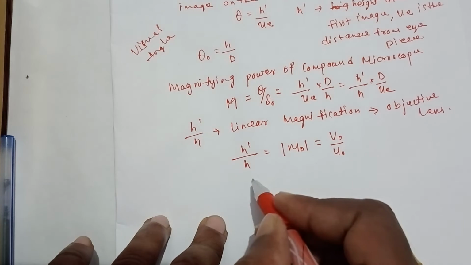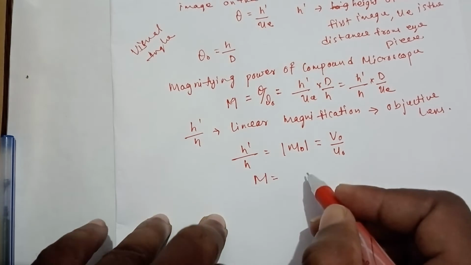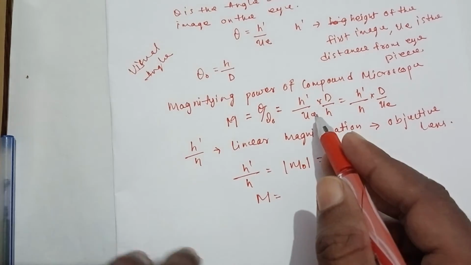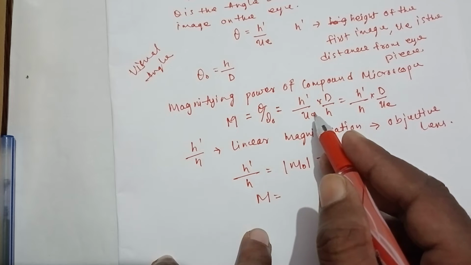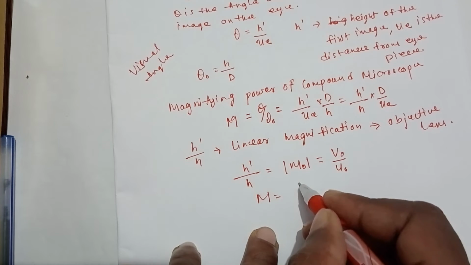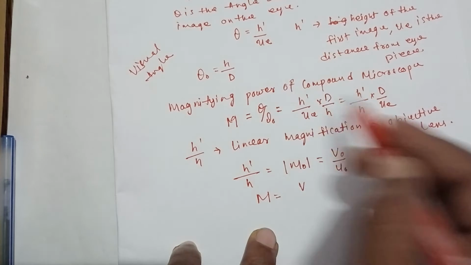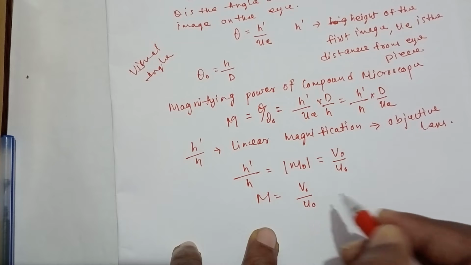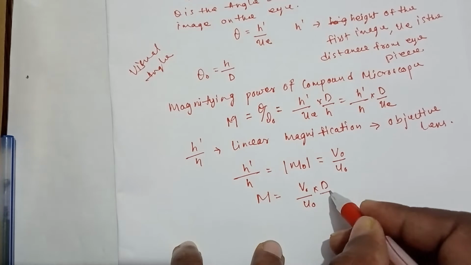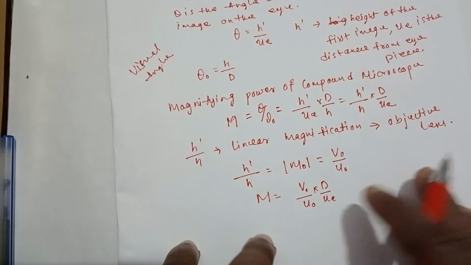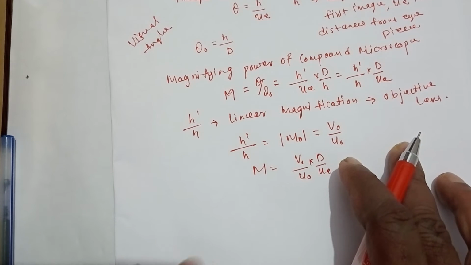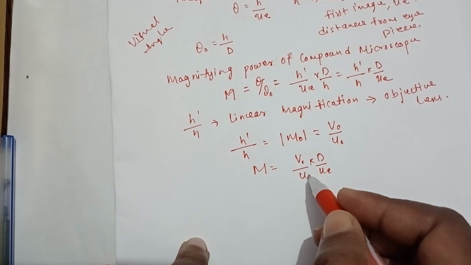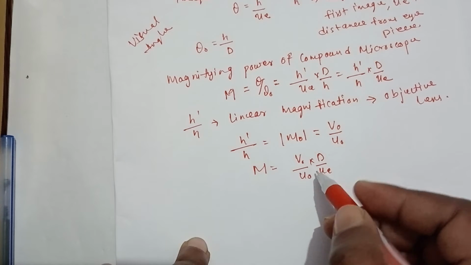So we can rewrite the equation written above: instead of h dash and h, you can write M is equal to V naught by U naught into D by Ue. So we have derived the magnifying power of a compound microscope.